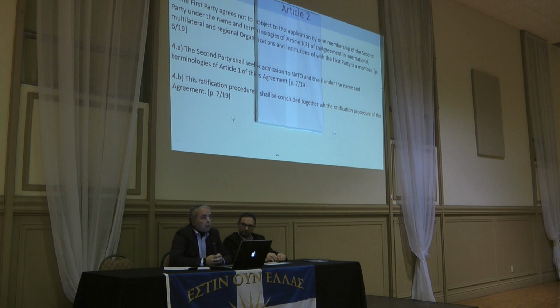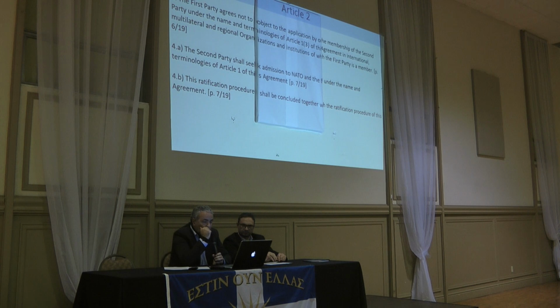But by the way, FYROM is already in the United Nations since 1993, and the Council of Europe at the same day, and with the help of Greece, with a new flag. So, can you see the 4B?